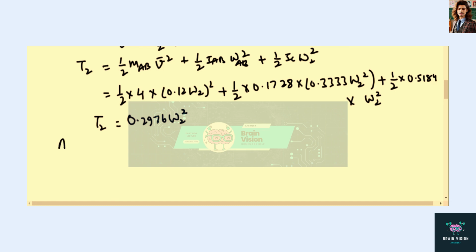Applying conservation of energy, T1 plus V1 is equal to T2 plus V2.